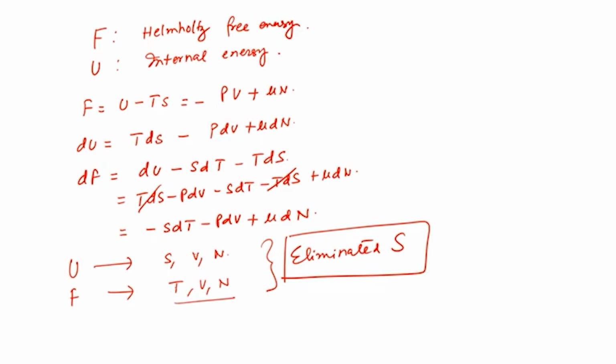T is an intensive variable, and indeed when you keep a system in contact with a bath, the temperature remains constant, whereas it is difficult to talk about entropy.